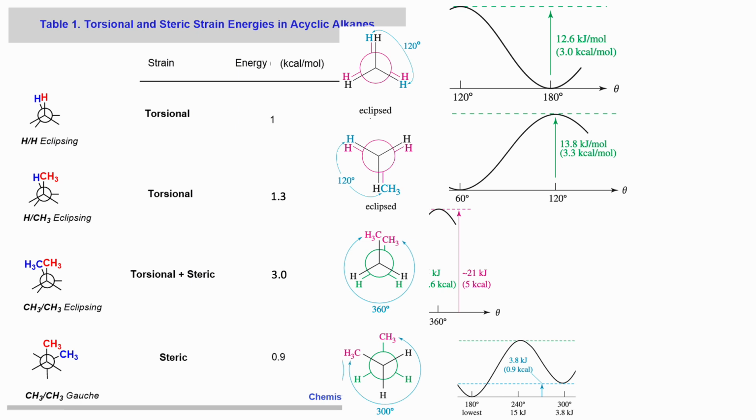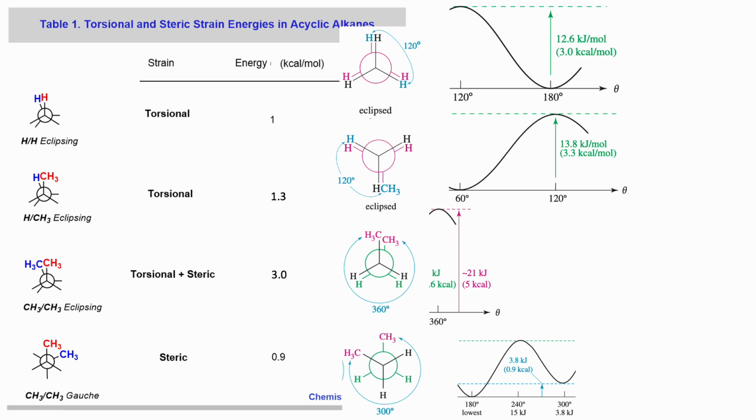So when we're trying to determine the total energy contribution in the syn conformation that we see on the right here of butane, where those methyl groups are eclipsed, we see that the methyl-methyl interaction is worth 3, like we just showed. But there are two other interactions in this molecule, an HH eclipsing interaction and another HH eclipsing interaction. Those are each worth 1, as we see at the top of this table.